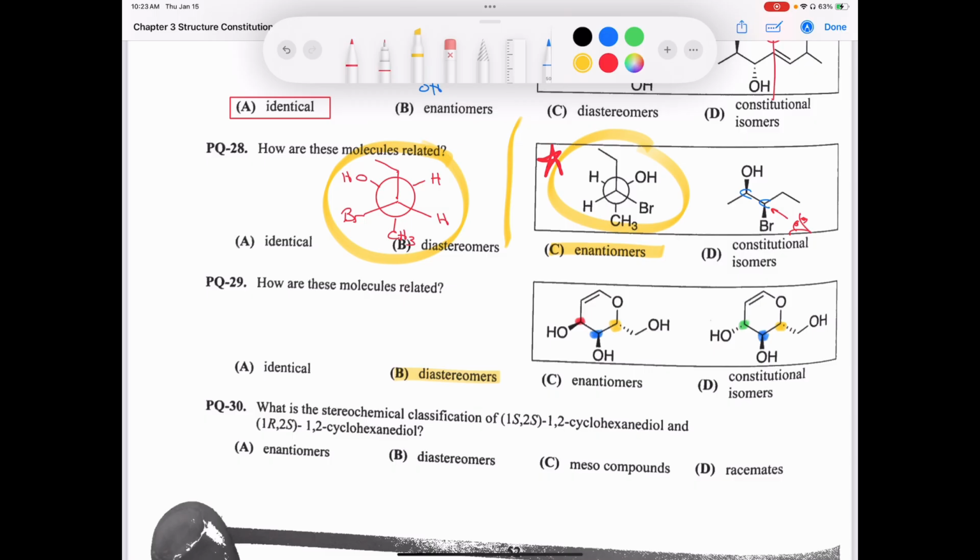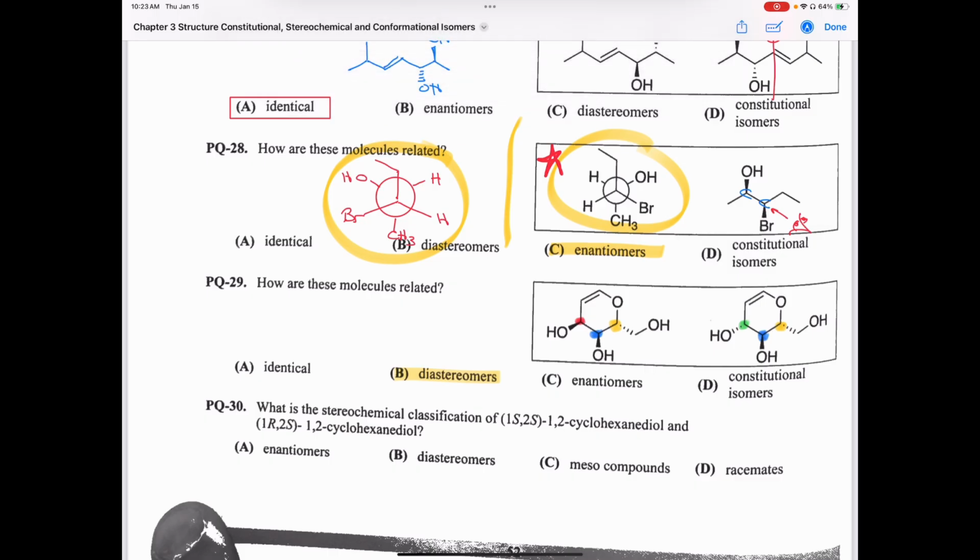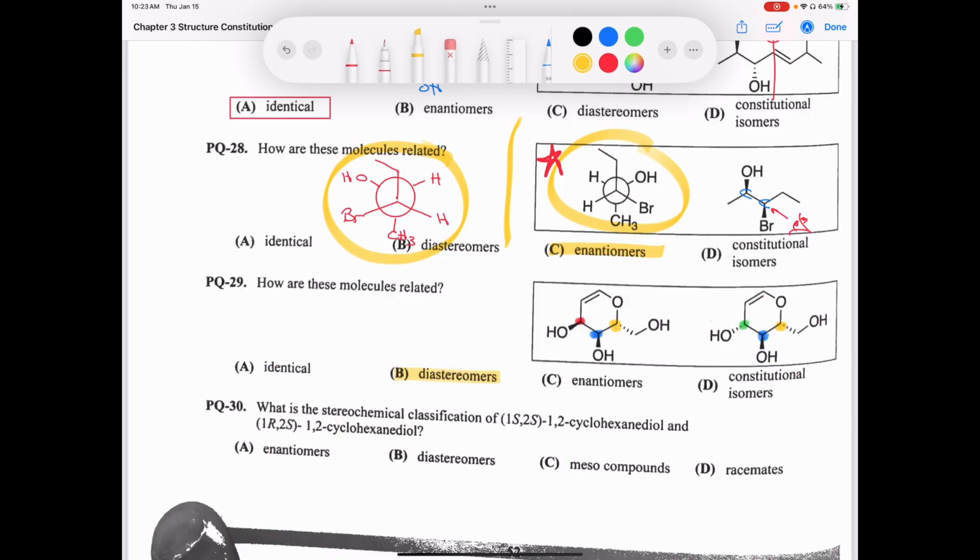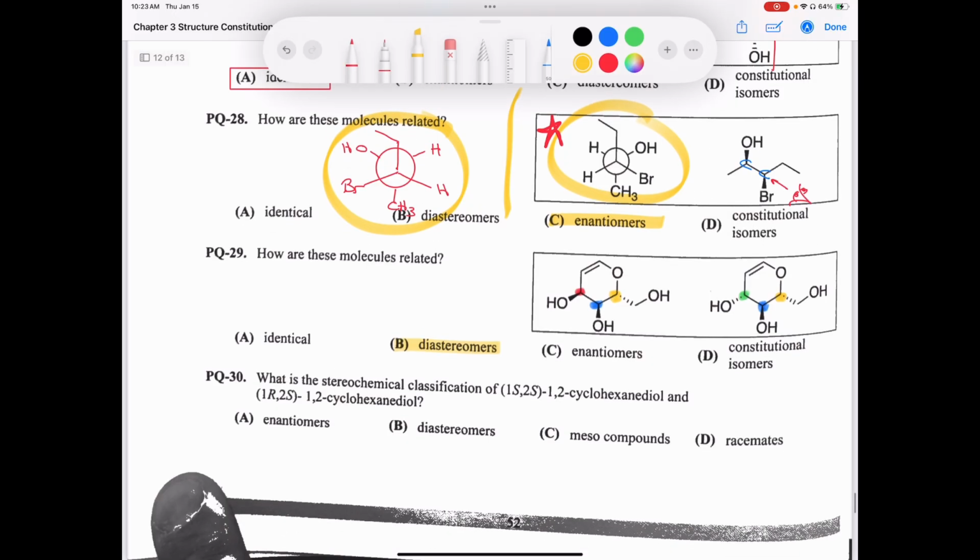It says, what's the configuration or stereochemical classification of 1S,2S-1,2-cyclohexanediol and 1R,2S-1,2-cyclohexanediol? No need to draw anything here whatsoever. If you have 1S,2S, and you were to flip both of those stereocenters to 1R,2R, then these compounds would be enantiomers, right?